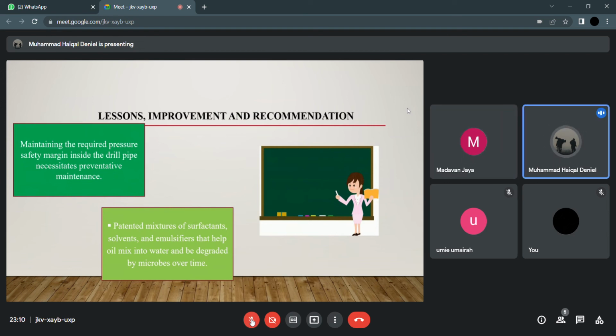Next is about the patented mixtures of surfactants, solvents, and emulsifiers that help oil mix into water and be degraded by microbes over time. The Deepwater Horizon oil disaster reignited discussion about the use of dispersants, which are patented mixtures of surfactants, solvents, and emulsifiers that help oil mix into the water and be degraded by microbes over time.